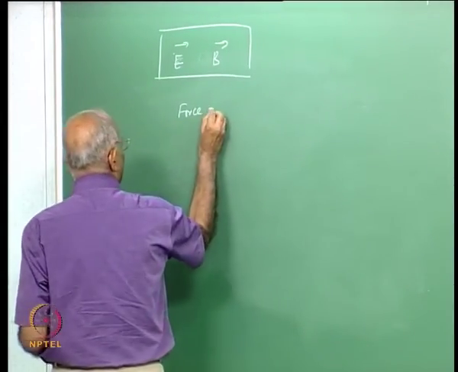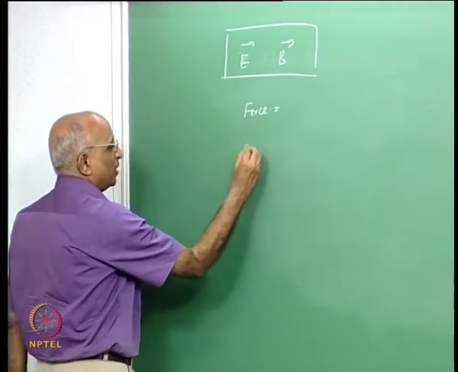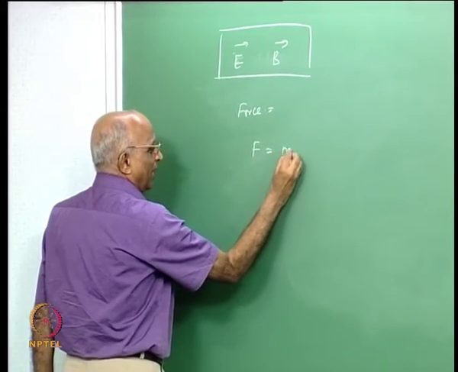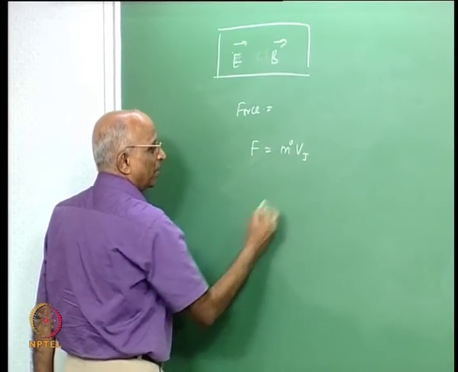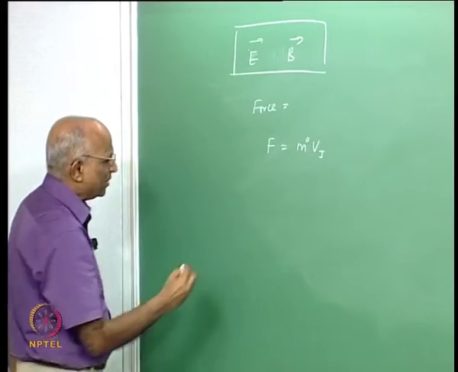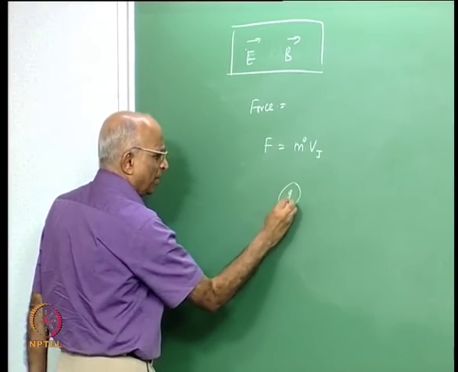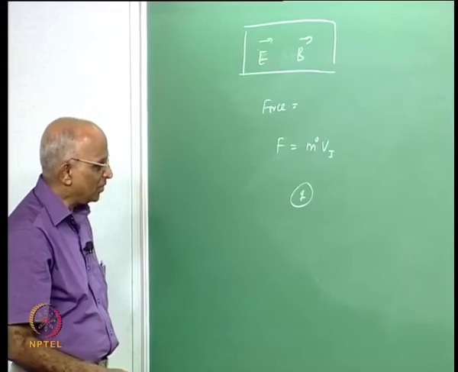Maybe we need to look at propulsion. Maybe force, we say yes, force is equal to m dot Vj. Now all I am trying to say is, well, I have a charge q, it could be a positive or negative charge.